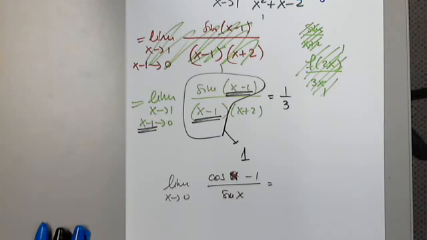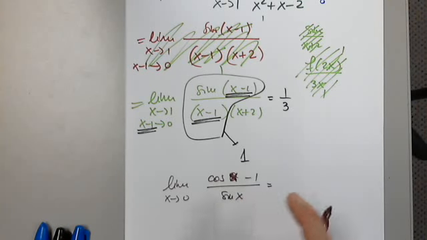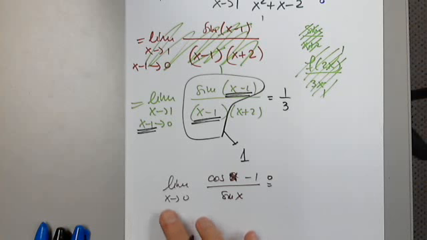So this case is when I plug in 0 in cosine, what do I get? 1 minus 1. 0. When I plug in 0 in sine.